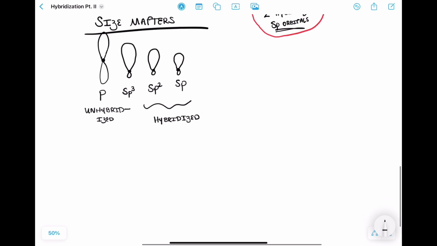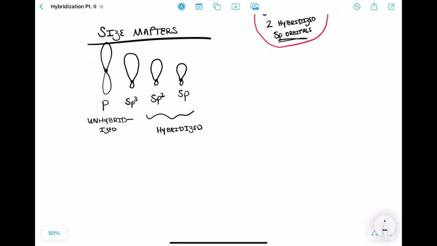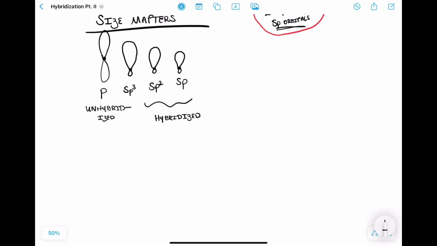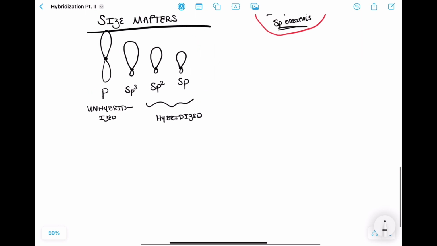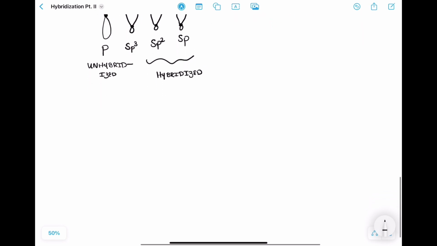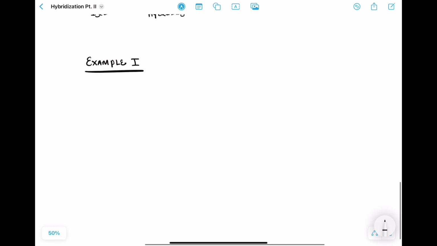So when we look at a molecule, is there a way to tell the hybridization of an atom? I say of an atom because each atom is going to have its own hybridization. So if I give you a molecule, for instance, say this is example 1, let's give you this molecule.